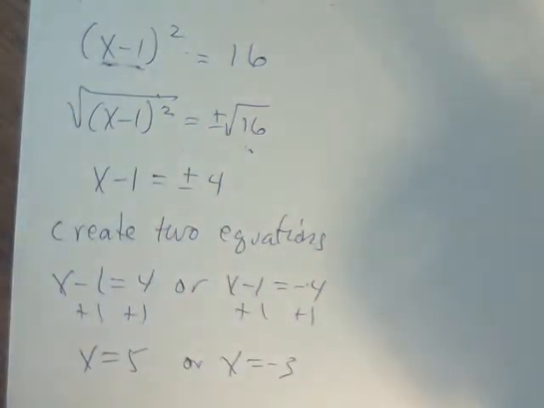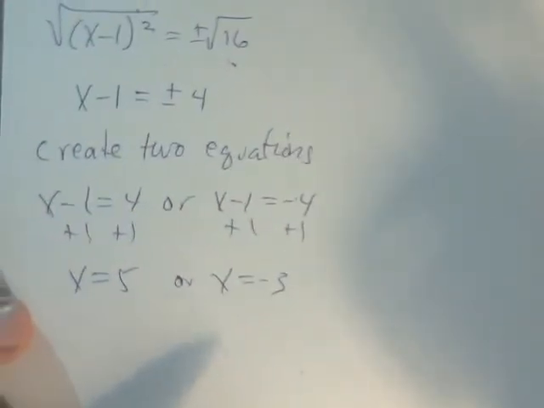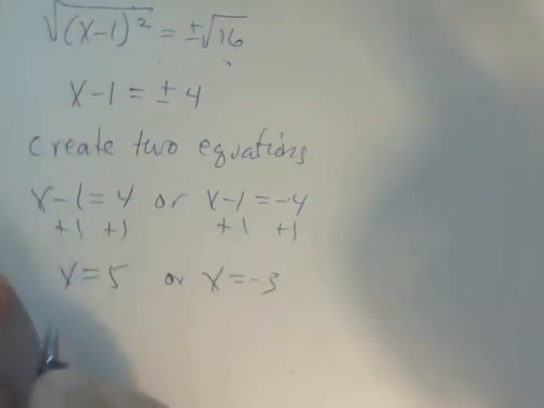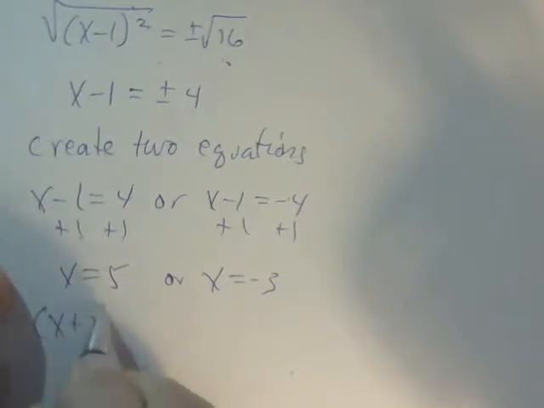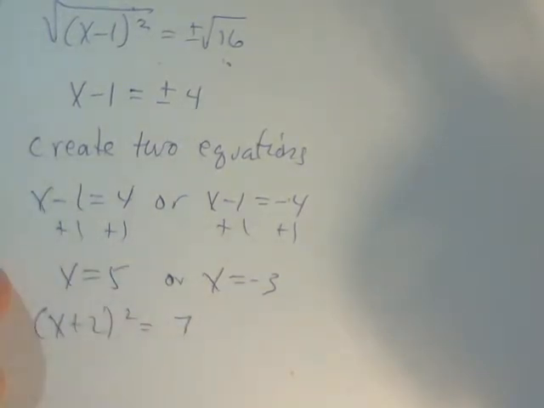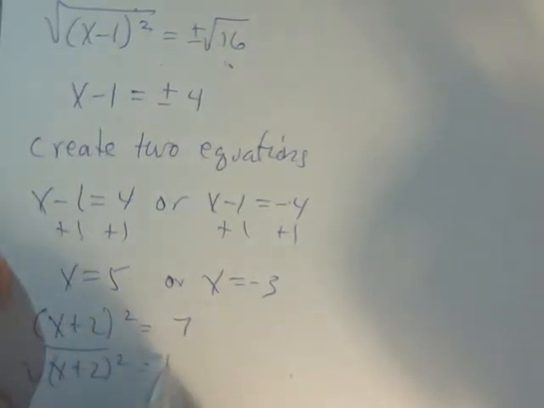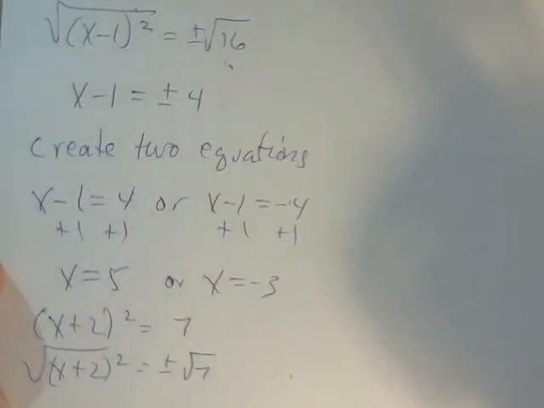Like I said, the next example is going to show you how to simplify a radical, but let me do one that involves a radical that you cannot simplify. So let's say we have x plus 2 squared equals 7. So I still take the square root of both sides, making sure I have my plus minus.